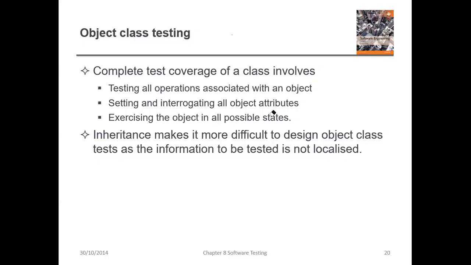In an object-oriented approach to system development, we have what we call inheritance. And inheritance basically means that there is a superclass, and this superclass has methods and attributes.